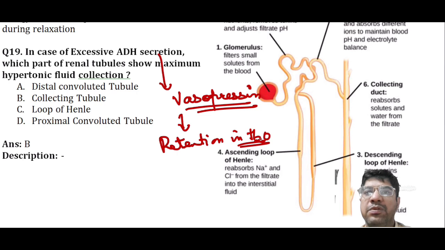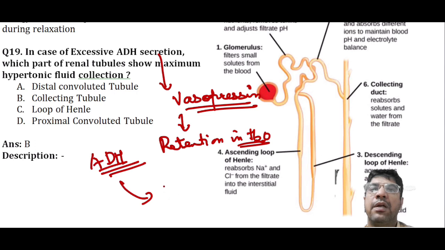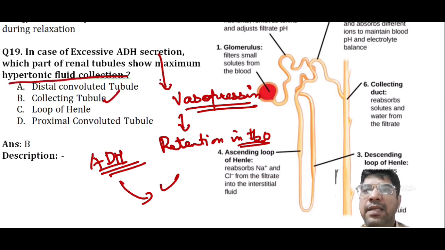The collecting tubules are the final segment of the nephron in the kidney. So when ADH is overproduced, it makes the wall of the collecting tubule more permeable to water. The term hypertonic fluid collection means a solution with a higher concentration of solute.